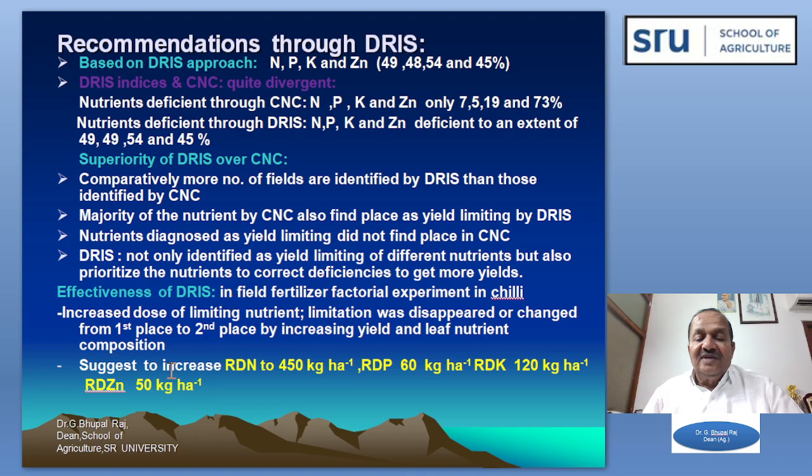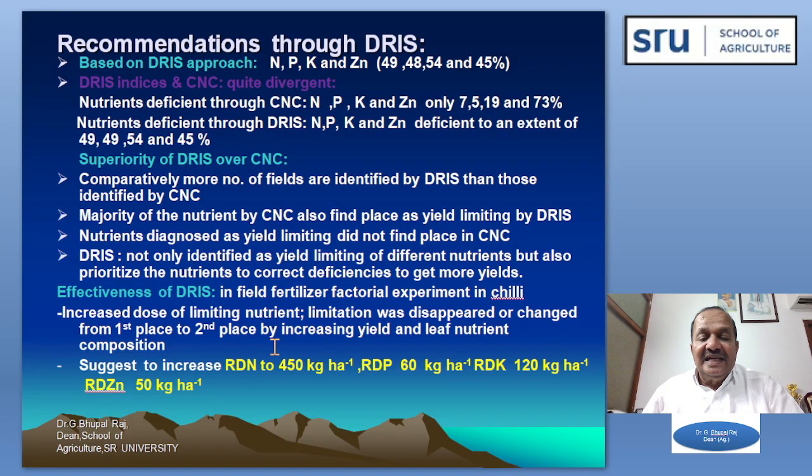From the table, the recommended dose of nitrogen was 300 kg per hectare, but by increasing it 50% more, to 450 kg per hectare, with phosphorus at the recommended dose of 60 kg, and potash at the recommended dose of 120 kg, and the recommended dose of zinc, we could get increased yield.